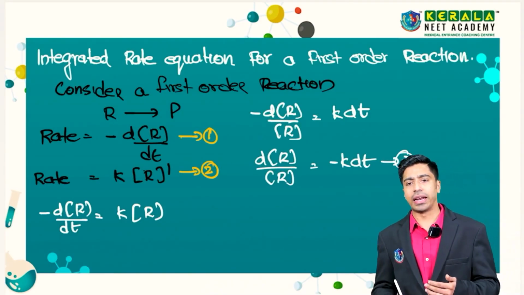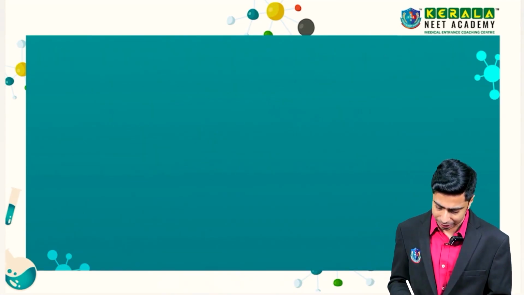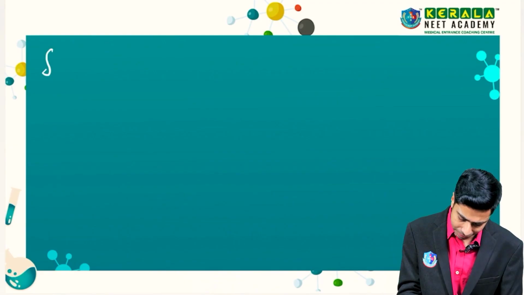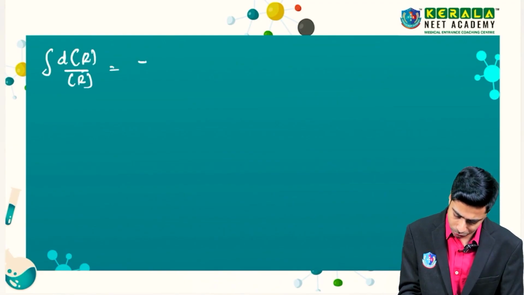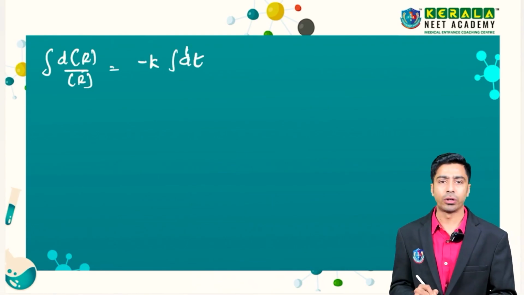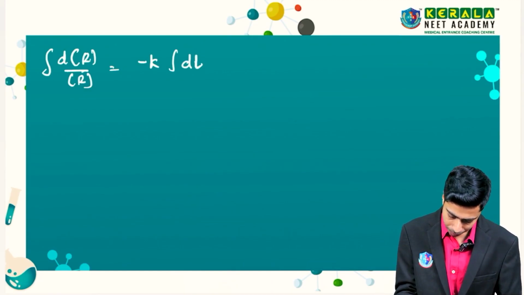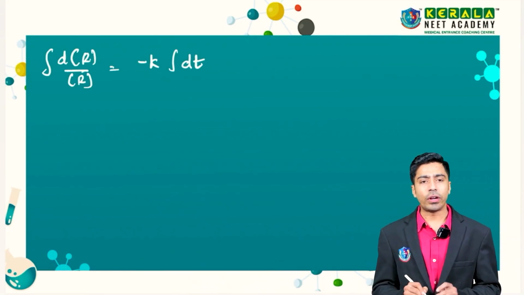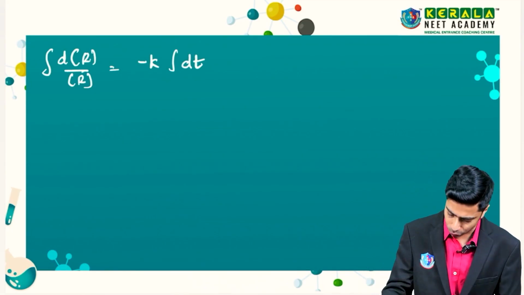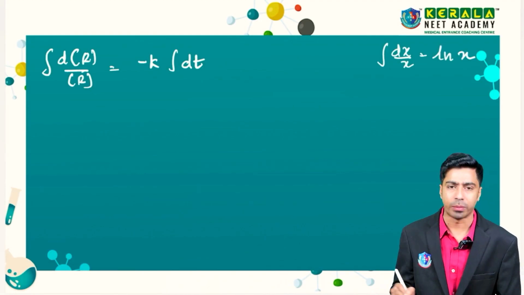Next step, let us integrate this equation. On integrating, we'll get integral d[R] by [R] is equal to minus k into integral dt. We know that integral dx by x is equal to natural logarithm of x.